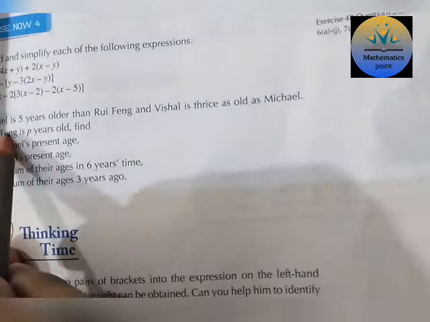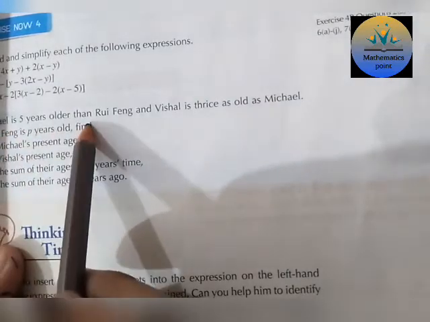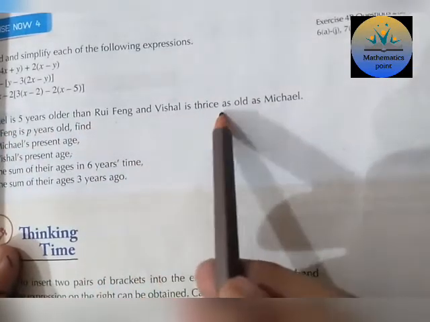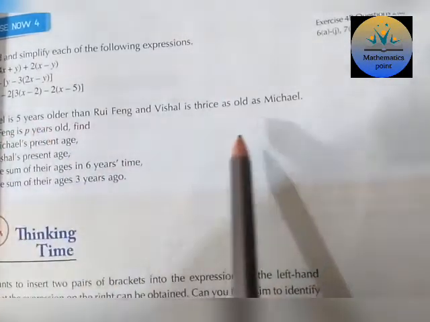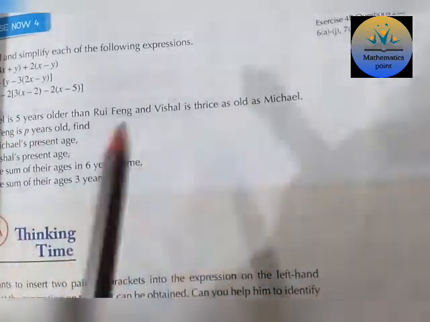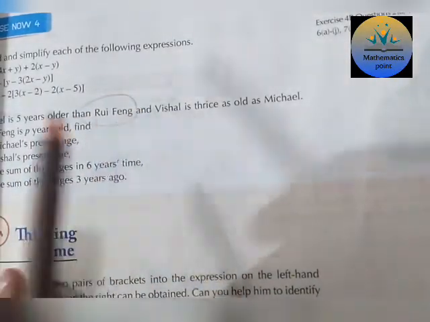Mitchell is 5 years older than Rifik, and Vishal is thrice as old as Mitchell. Okay, Mitchell and Vishal are both interlinked with Rifik. So first of all we have to focus on Rifik's age.